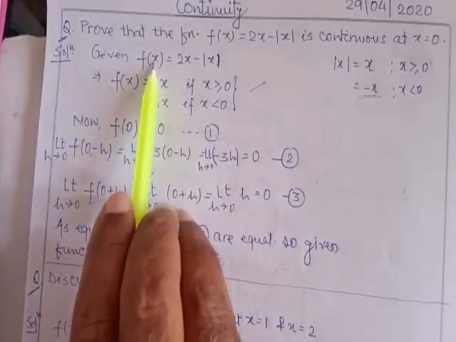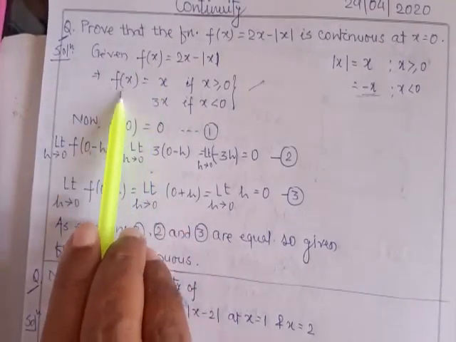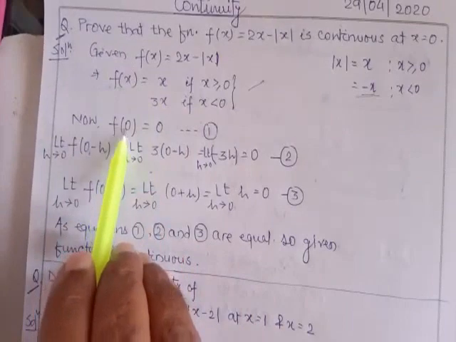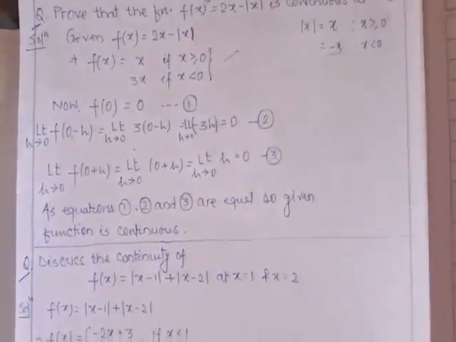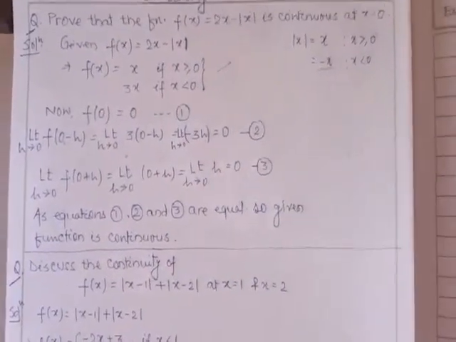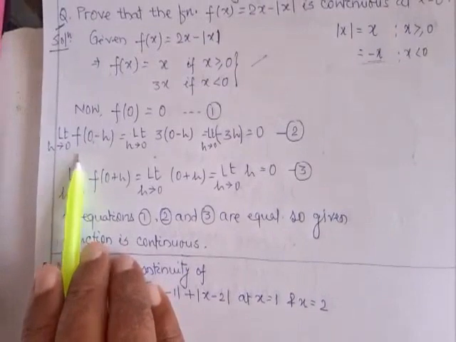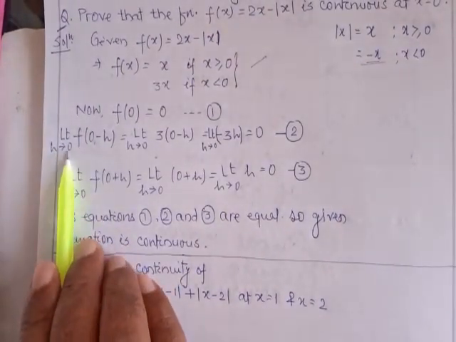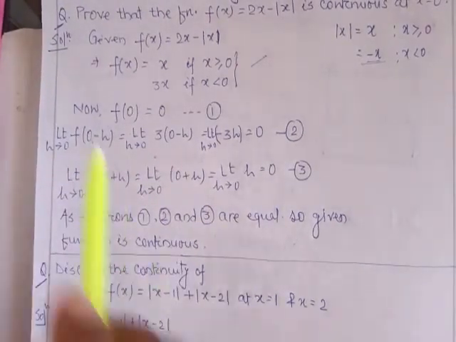So first calculate f(0). It is given that x = 0, so f(0) = x, that is 0. Replace x by 0, the result is 0. Next, go for the left hand limit. Left hand limit means limit h tending to 0 of f(0 − h).